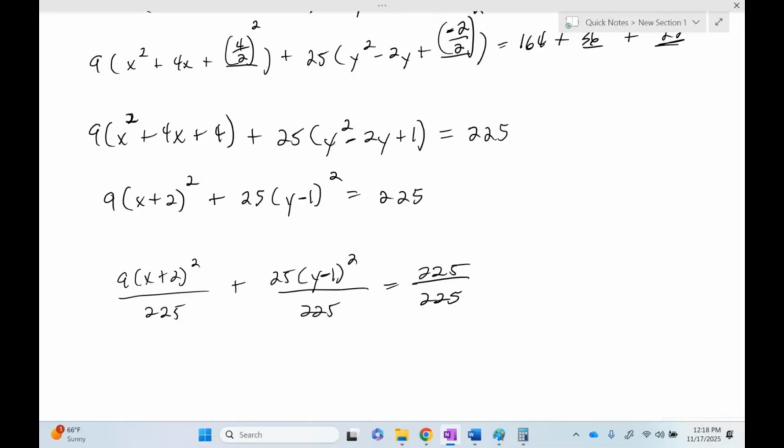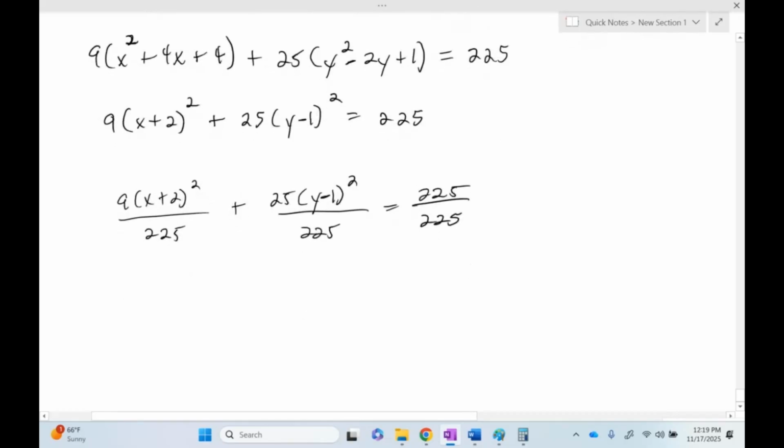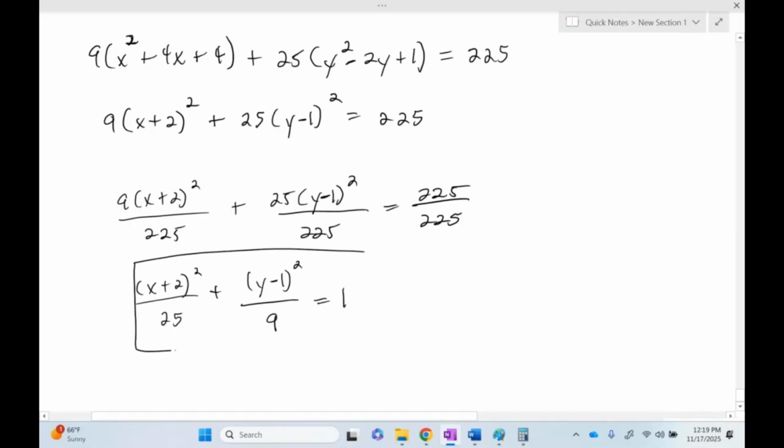So now if we reduce that, 9 over 25 reduces down to x plus 2 quantity squared over 25, plus y minus 1 quantity squared over 9, is equal to 1.